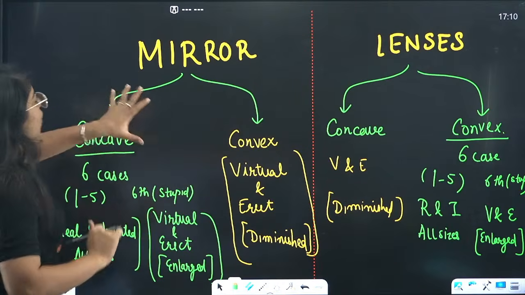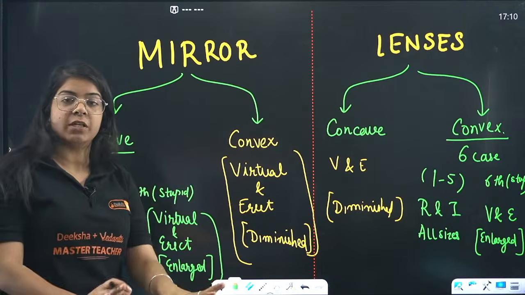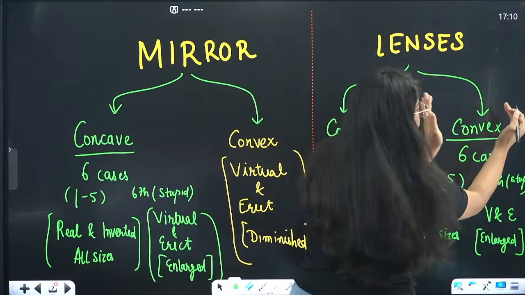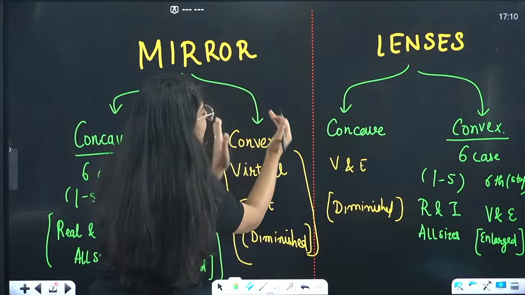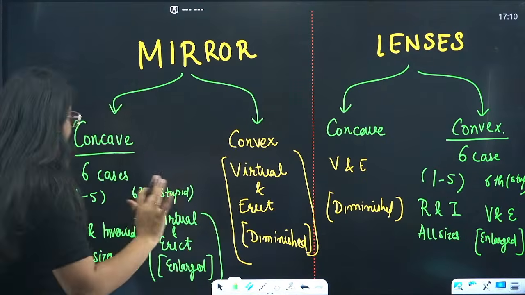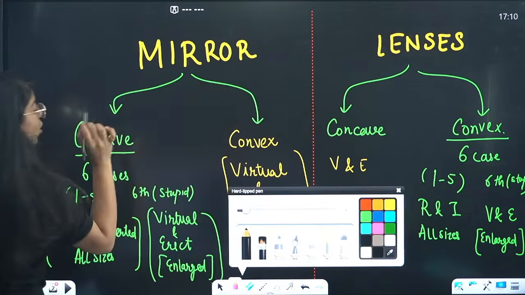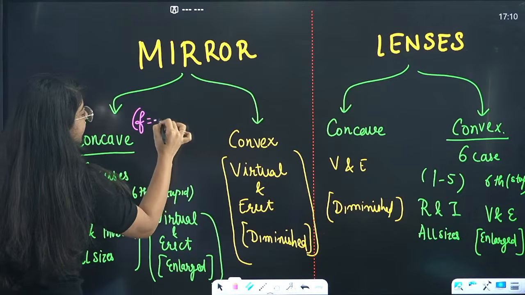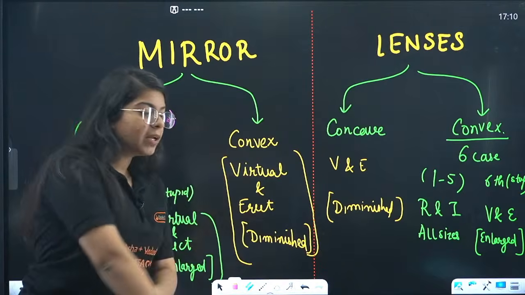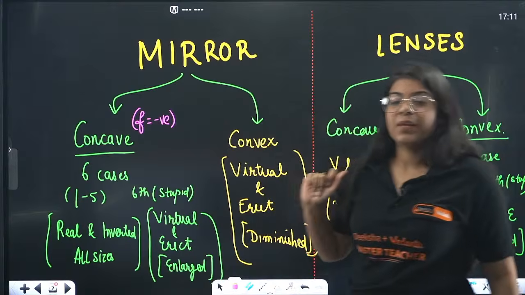Now beta, for mirror and lenses, the nature of images will be opposite, right? The concave mirror will be similar to convex lens, and convex mirror will be similar to concave lens. But in case of focal length, focal length for concave is always negative. Anywhere you see concave, you don't even have to see whether it is a mirror or a lens, you just quickly write negative focal length.